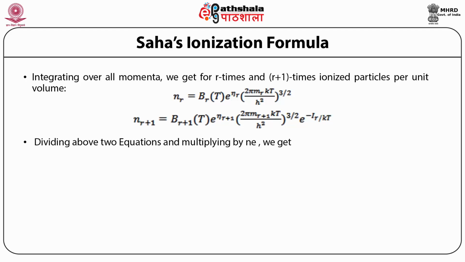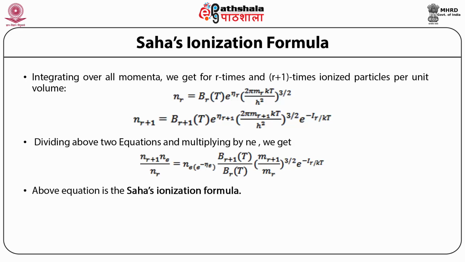Similarly, we can get the expression for n r plus 1. Now dividing these two equations and then multiplying by n e, we get n r plus 1 into n e divided by n r equals n e into e raised to the power minus eta e, b r plus 1 of T divided by b r of T, into m r plus 1 divided by m r to the power 3 by 2, into e raised to the power minus i r by kT.